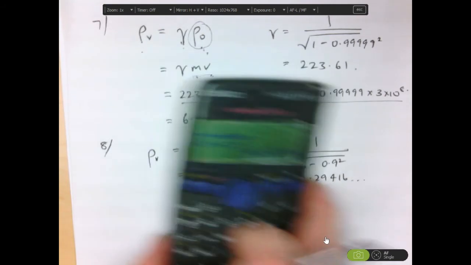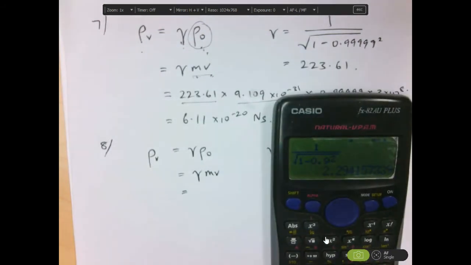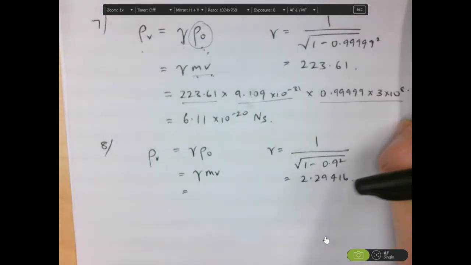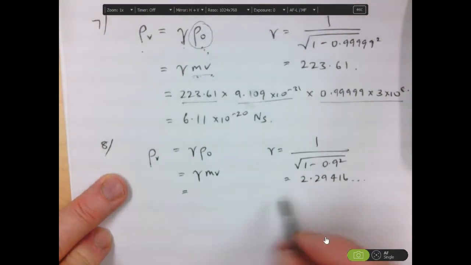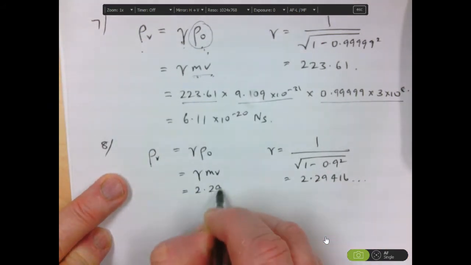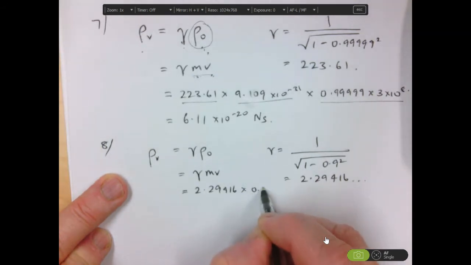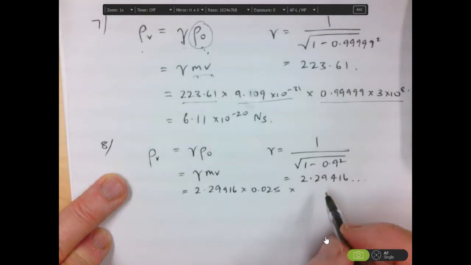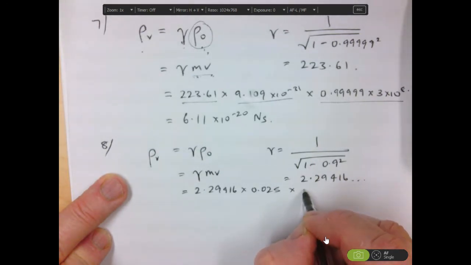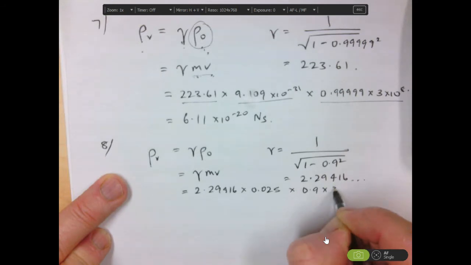It actually keeps on going. Rightio. So let's now calculate the momentum. So it's 2.29416 times the mass of this object, which is 0.025 kilograms, times the speed that it's traveling. Well, it's 90% of the speed of light, so it's 0.9 times 3 by 10 to the 8th.